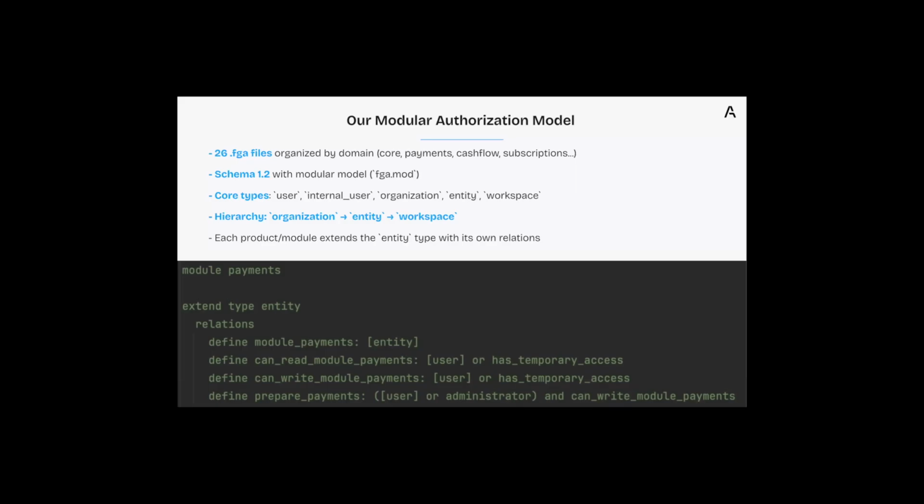Adding a permission is just like, okay, I work in the payment module and I want people that have the right permission on this module, so I will make a tuple relation called prepare payment, and it's just prepare payment can write payment module. So it's simple, it's easy. We currently have 26 model files and almost 100 test files.